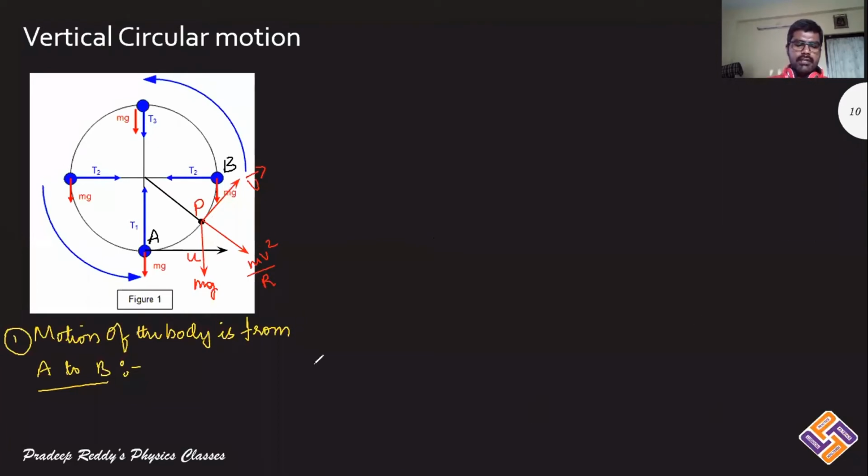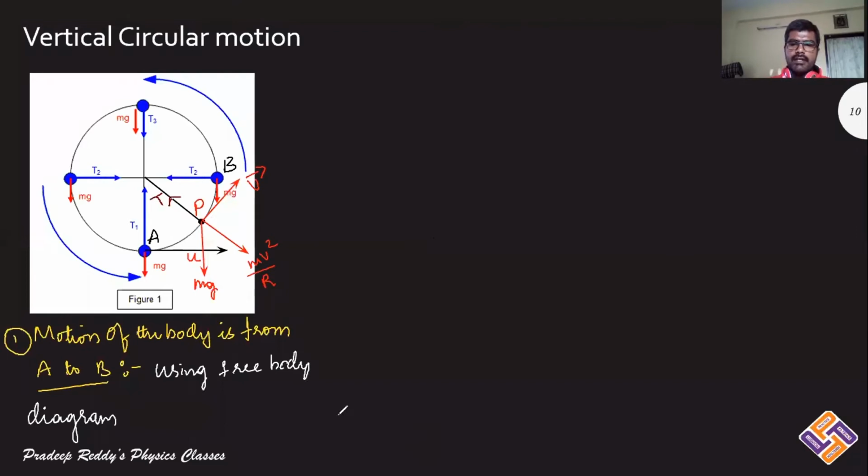Now after resolving the vectors, what you are supposed to write? Using Newton laws, using free body diagram, I can just write tension. This is tension in the string. Tension in the string is upward.